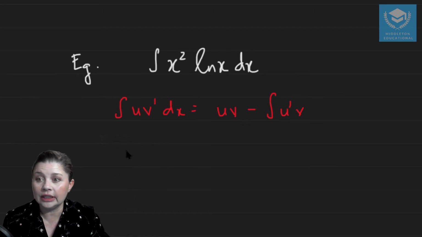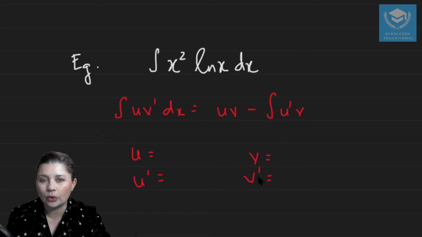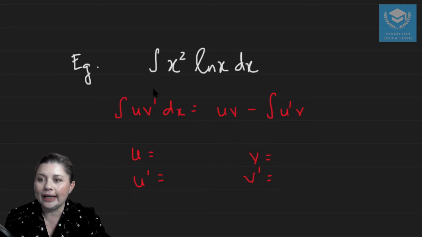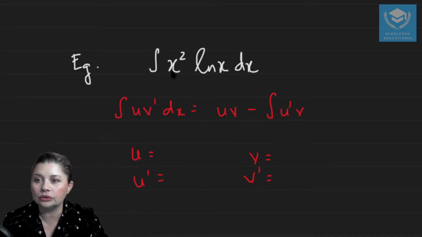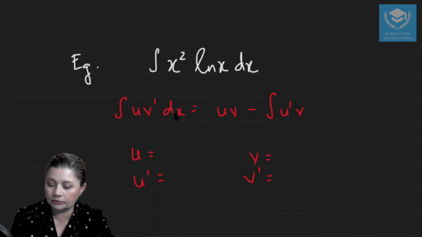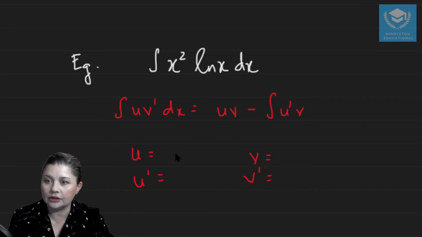So that's the trick. We now need to figure out what we are going to use as u in order to find u dash, and what we are going to use as v dash in order to find v. So that's the question. When I look at the function I've got here, say I choose u to be x squared.